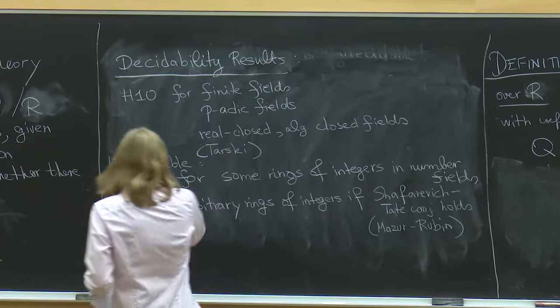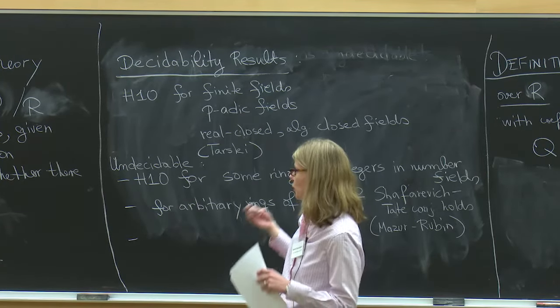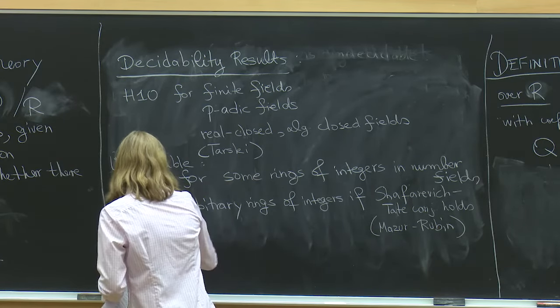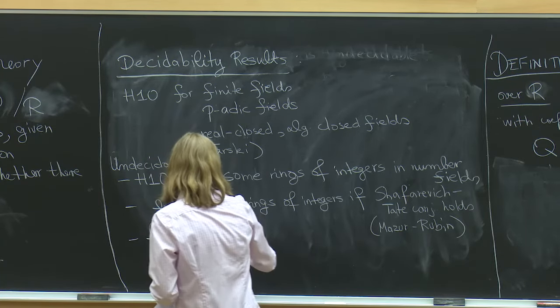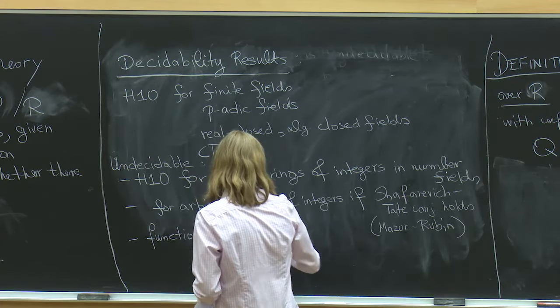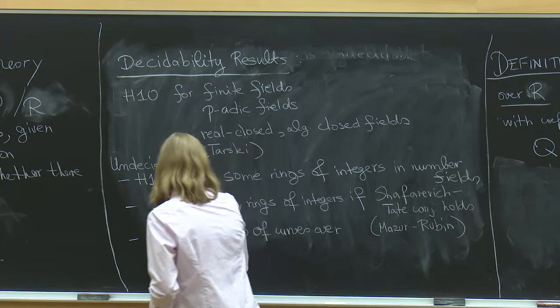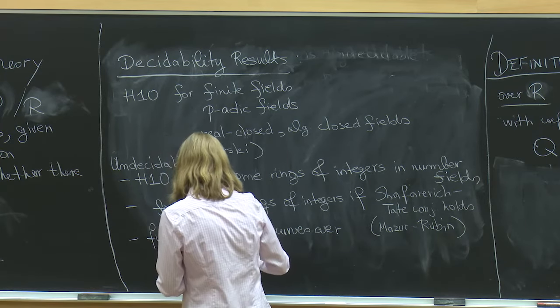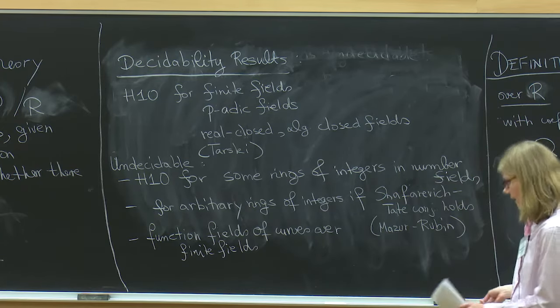So, if you're looking for the analog of number fields or Q over a finite field in characteristic p, you have function fields of curves over finite fields. This is work of Shlapentokh, Pheidas, Videla, and myself.